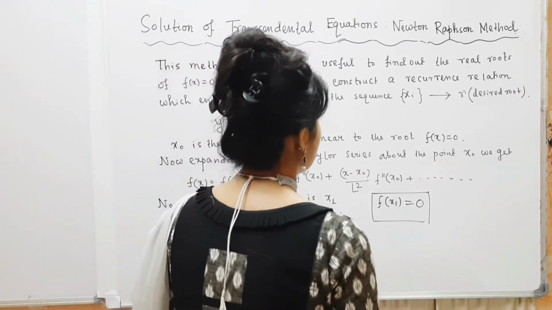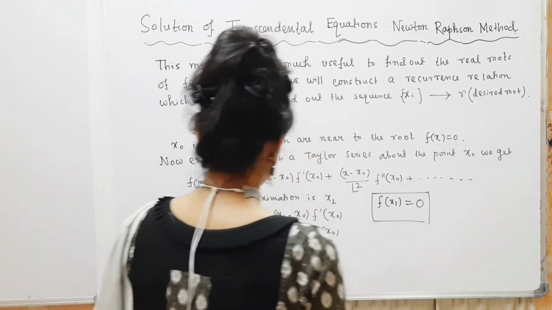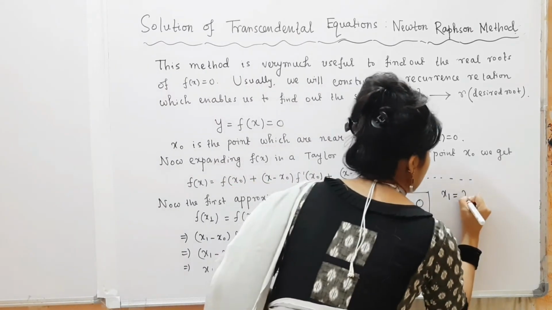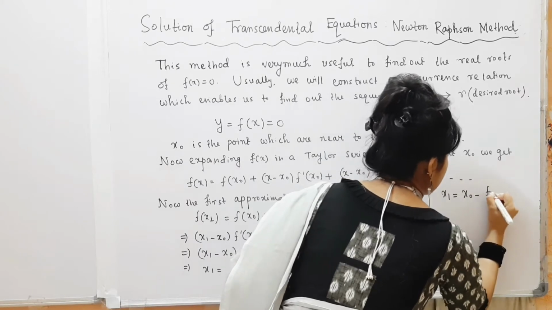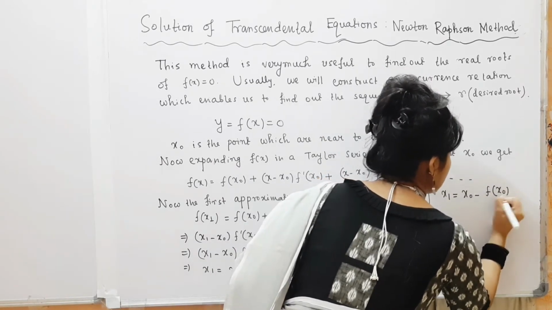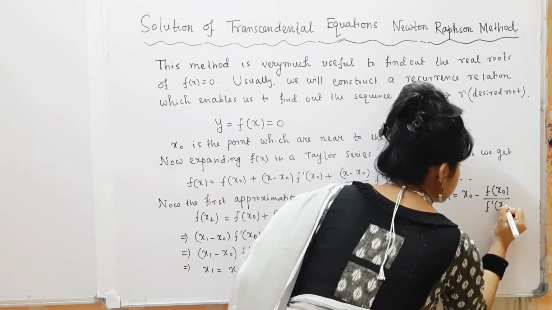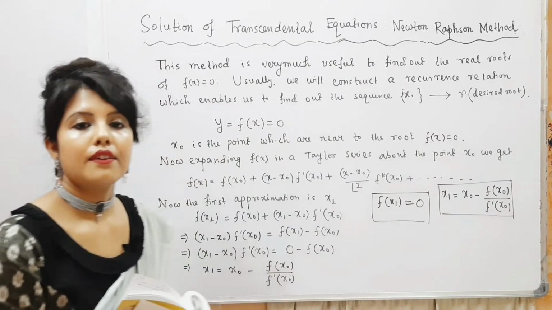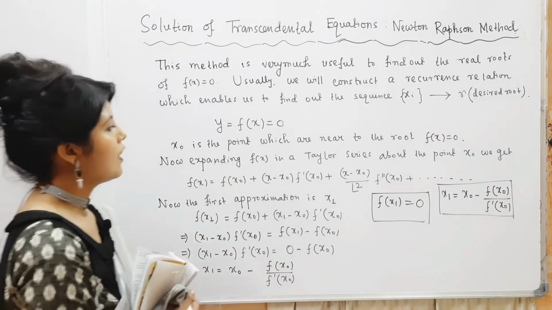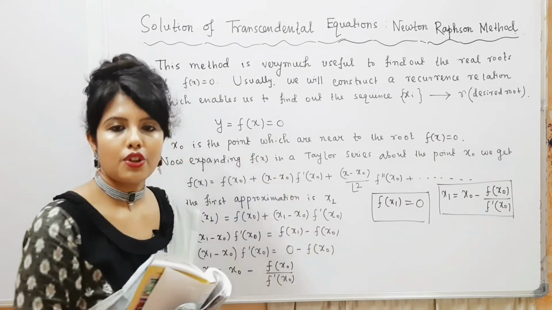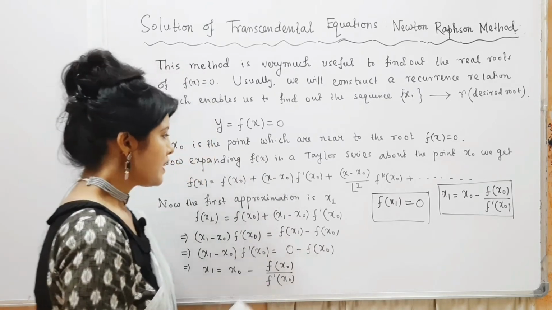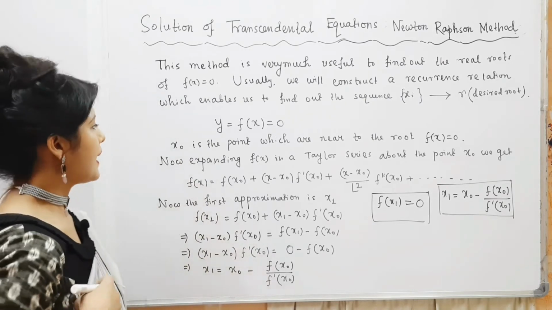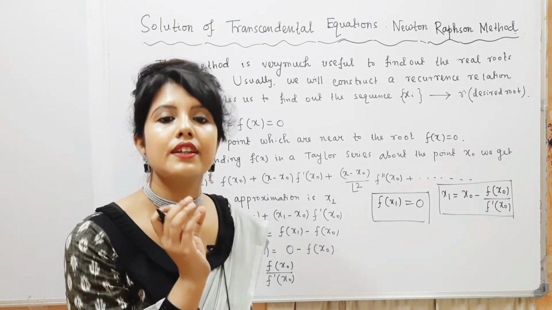So finally what we have got? We have got this one, okay, that is x1 equal to x0 minus f of x0 divided by f dash x0, okay. So this x1 is called the first approximation of the root of f of x equal to 0. So actually x0 was the initial approximation because x0 is the point which is very near to the root.